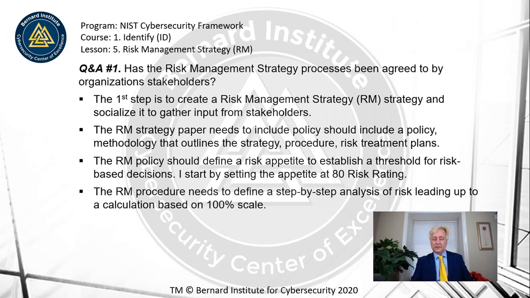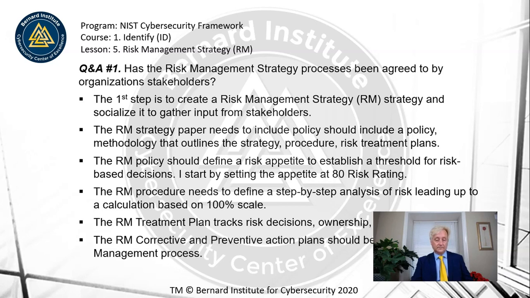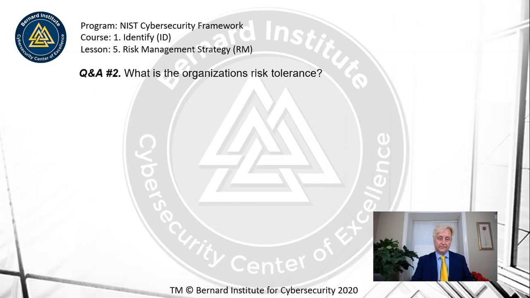The risk management procedure needs to define a step-by-step analysis of risks leading to a calculation of the risk rating based on a 100% scale. The risk treatment plan tracks decisions by ownership with target dates. And then there are corrective and preventative action plans. So all of these are part of the strategy or the methodology.